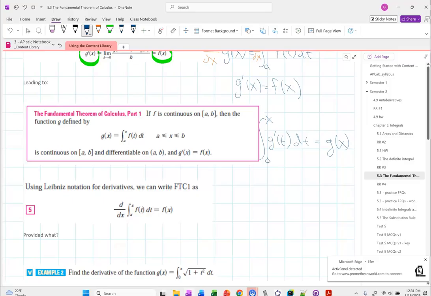And how did we go from g prime to g of x in 4.9? Antiderivative. So you're telling me then that the area under the curve is somehow just related back to this antiderivative thing.